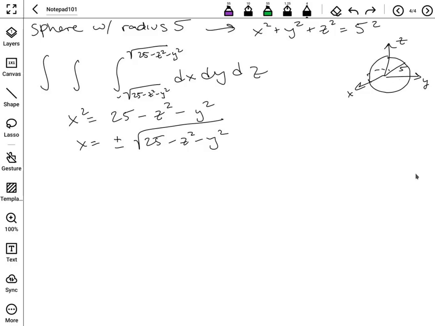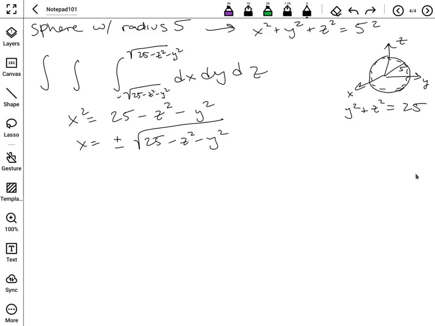But because I'm doing it in y and z, I would actually draw the slice of the sphere that lies in the YZ coordinate plane. I can figure out what that shape is. It's a circle with radius 5 in y and z, so y squared plus z squared is 25. And I can use that to solve my y bounds.